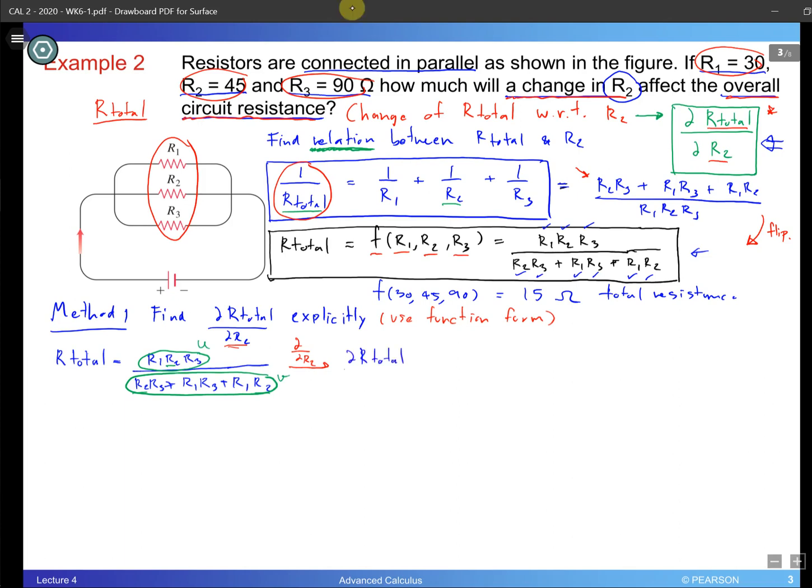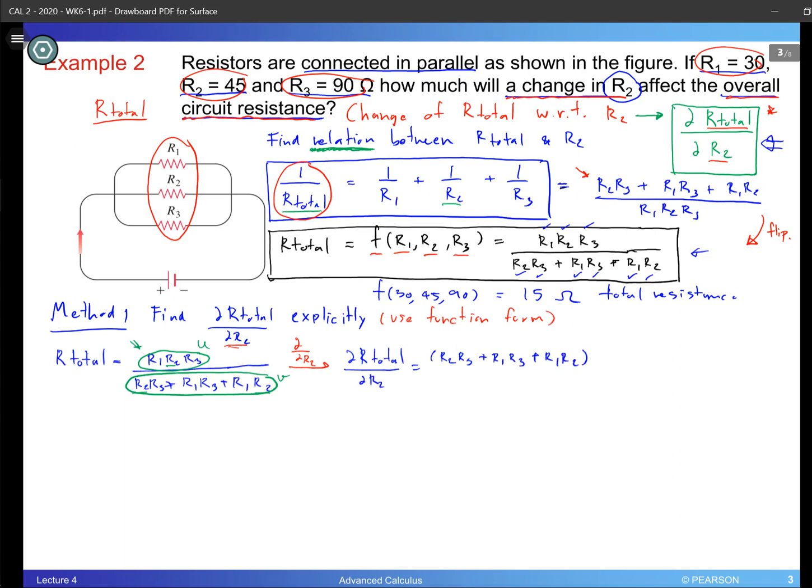So dR total with respect to R2 is going to be equal to the quotient rule: V du, so we have to bring the whole denominator term up here. V is R2, R3 plus R1, R3 plus R1, R2, right? That's V, and du. We need to diff U with respect to R2, and of course, we need to treat R1 and R3 as constants.